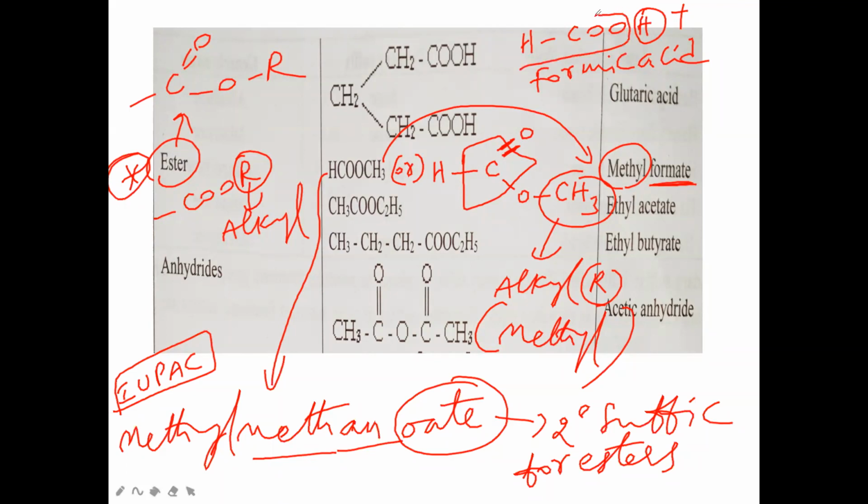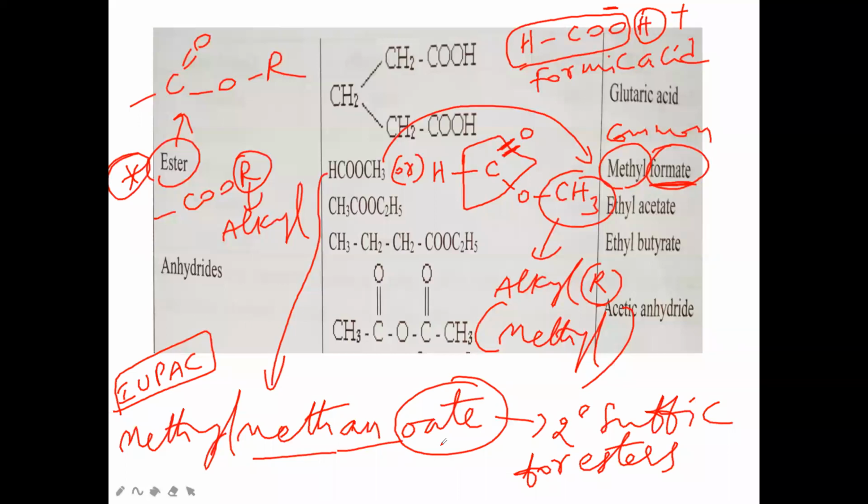The HCOO minus ion is called the formate ion. So if a methyl group is present in place of H plus, it is called methyl formate. Methyl formate is the common name, and the IUPAC name is methyl methanoate.